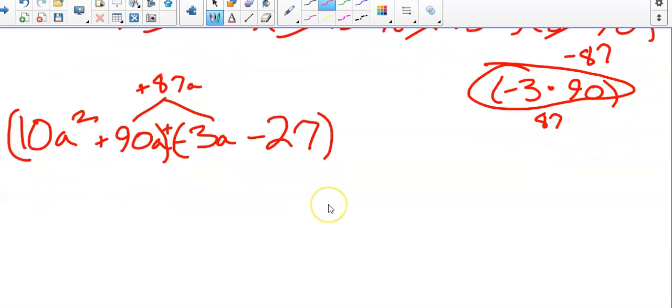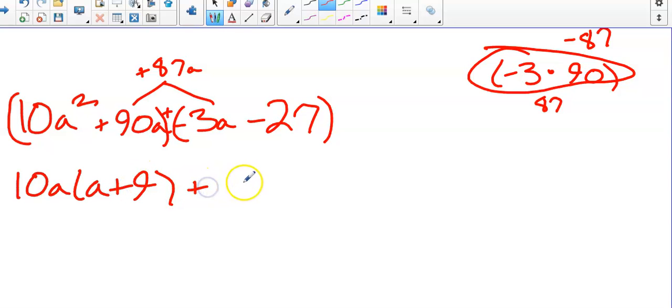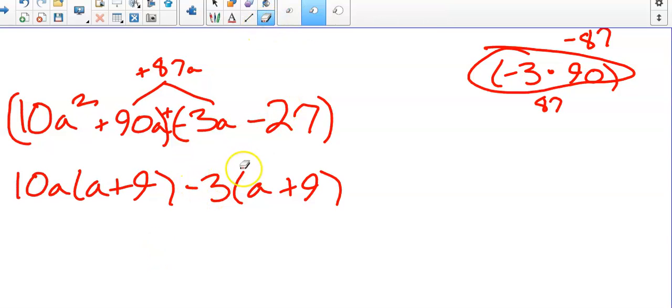I'm going to factor each of these sets. My GCF in my first set would be 10a. And then for my second set, I think I actually want to factor out a negative 3. That will end up giving me the same thing in the parentheses. If I didn't do that, let me go back and show you what it would have looked like.